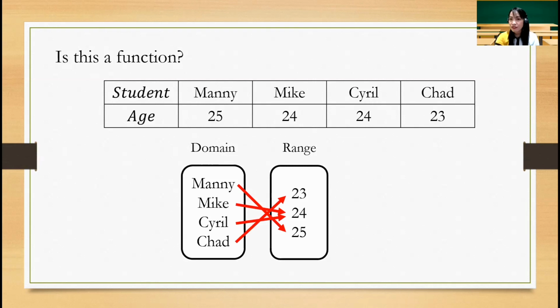Si Manny, 25. Si Mike, isa lang ba yung ka-pair niya? That is 24. Si Cyril, isa lang din yung ka-pair niya sa second set. And si Chad, ganun din. But this time, this relation is many-to-one. As you can see, Mike and Cyril are both 24. So this one is many-to-one. Is this a function? Is many-to-one a function? Yes.